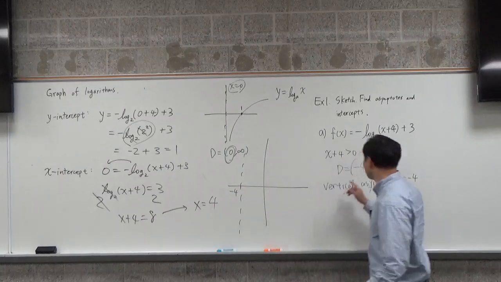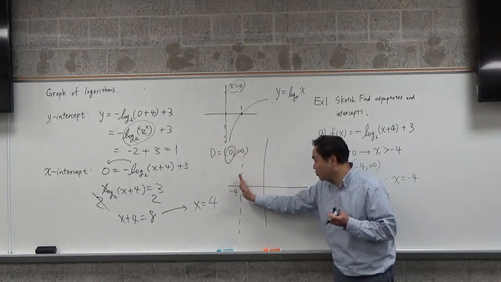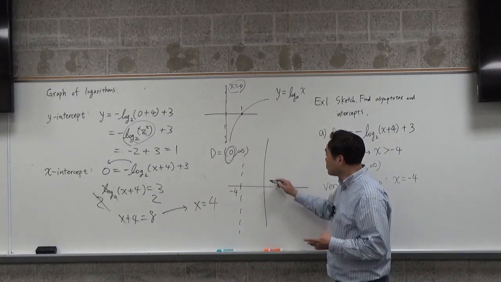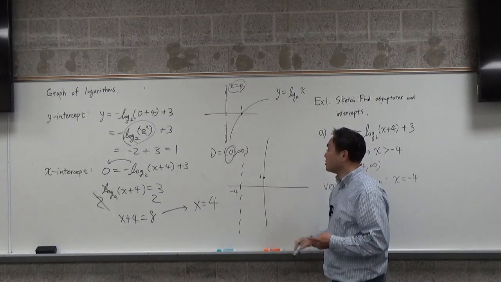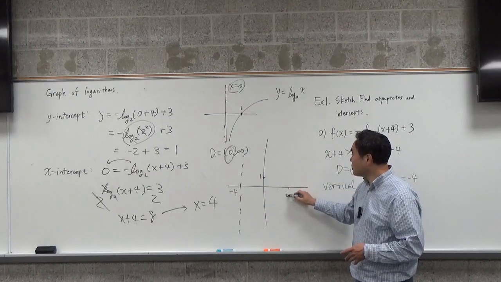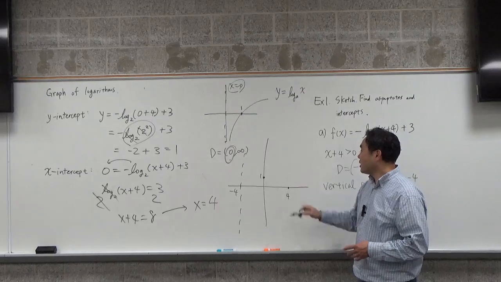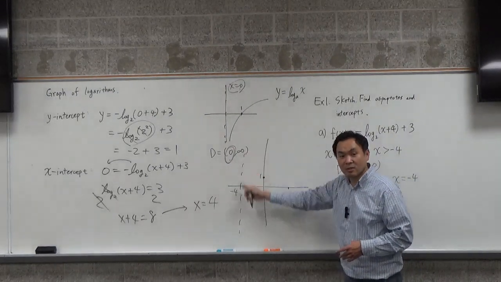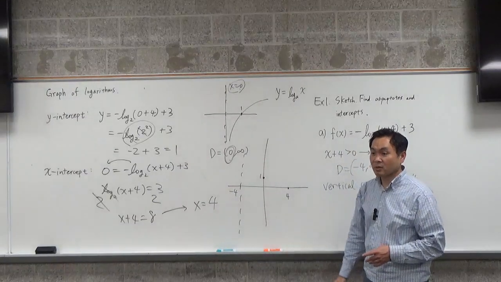But since it's from -4 to infinity, the graph is over here. Furthermore, the y-intercept is 1, so here's 1. The x-intercept is 4, so here's 4. Right? And now you have to connect these two while having this as the vertical asymptote, right?